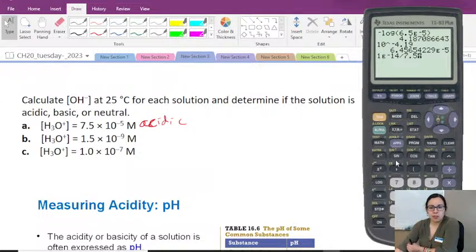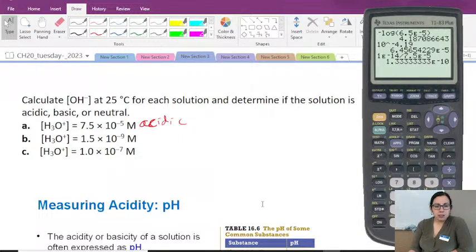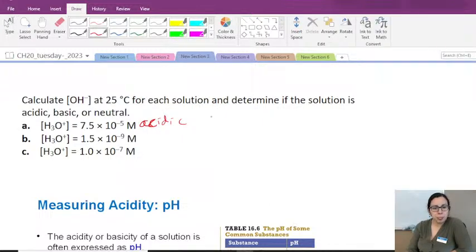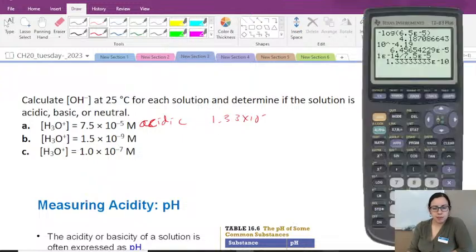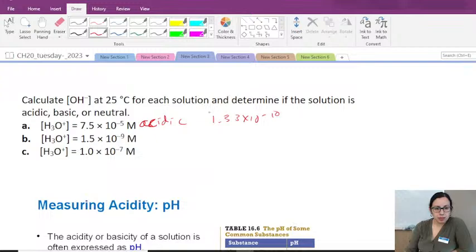It should be something on the order of 10 to the negative 9th, or the 10th, somewhere around there. You can always double check your mental math. So 1.3 times 10 to the negative 10 equals hydroxide.